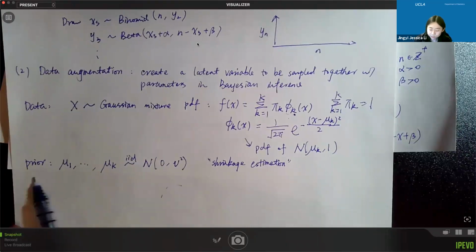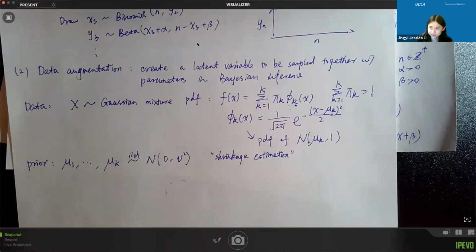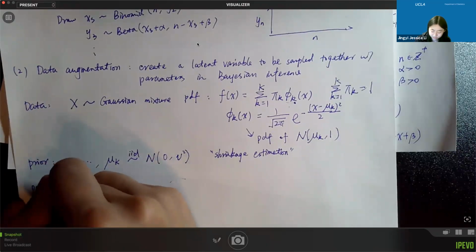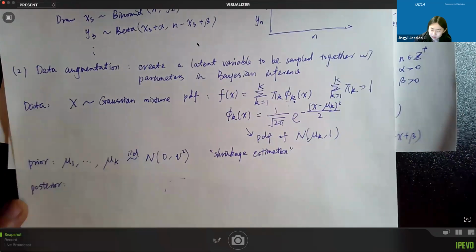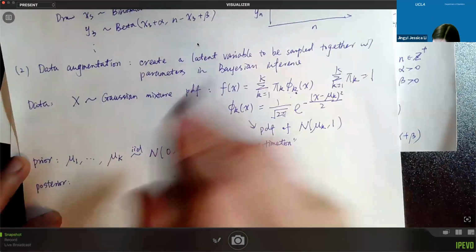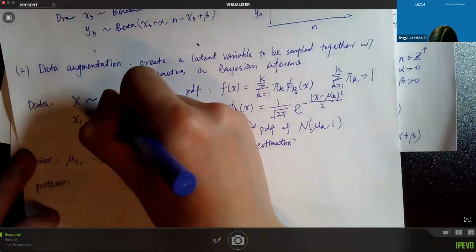Okay, so that's the prior. And then we are going to write down the posterior. So if I have data coming from this mixture, I'll write the data as x1 to xn.